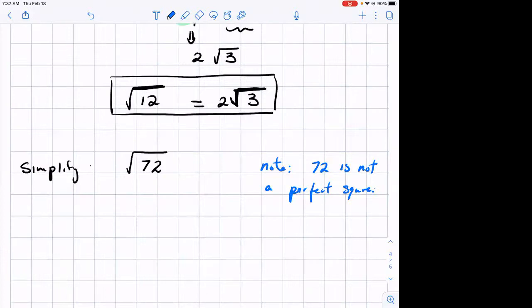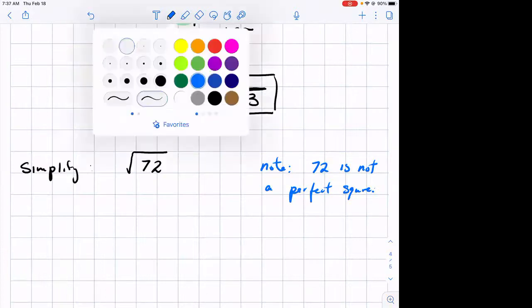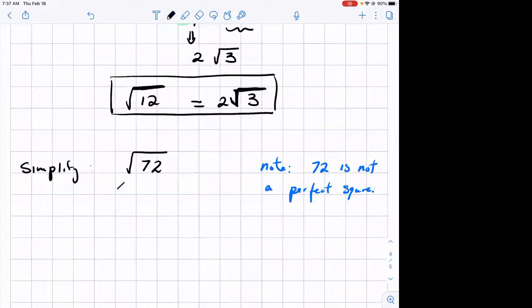Now, if we go through our list as we're doing, and we only do this sort of scrap work once, once you get the hang of it, you don't need to go through this list. So here we have 2 times 36, or we have 3 times 24.